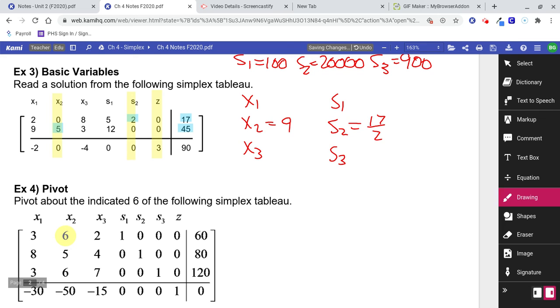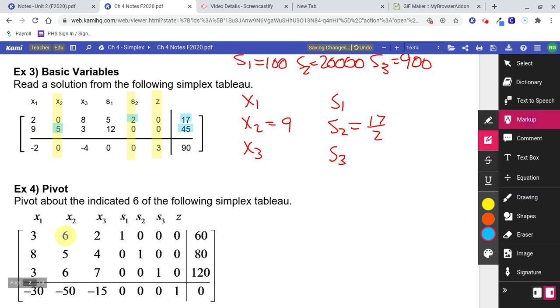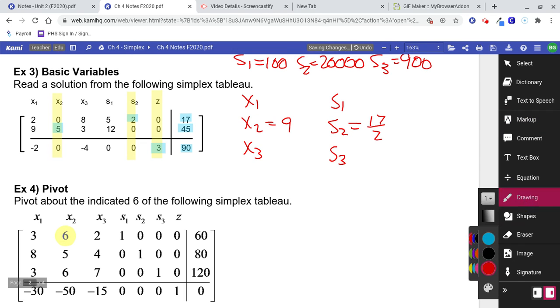Likewise, your other basic variable is Z, and your eye should be drawn to this 3, which also draws your eye to this 90. Can anybody tell me what Z would equal? Z is going to equal 30. 90 divided by 3 is 30, okay? Those are your basic variables, the ones we can actually solve for.